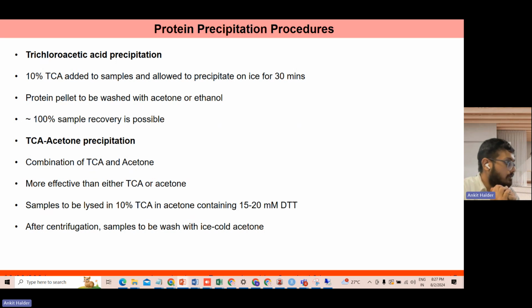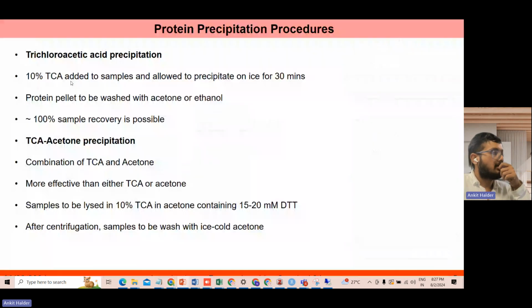TCA also gives a better alternative to subjecting the samples to a high concentration of salt. It can precipitate on ice for 30 minutes, and then we can perform centrifugation, and after washing with acetone or ethanol, we can recover the proteins.